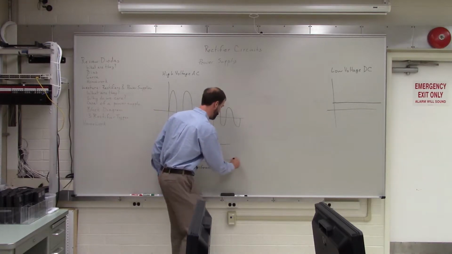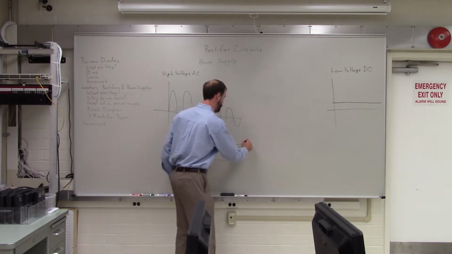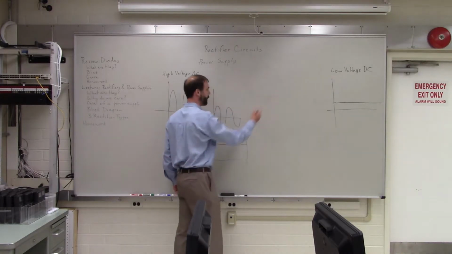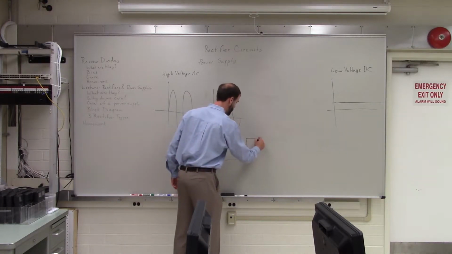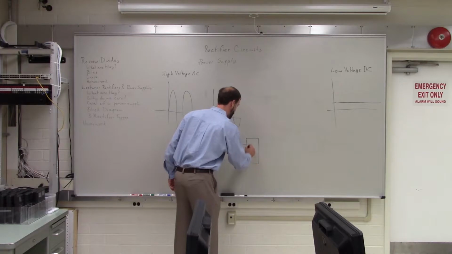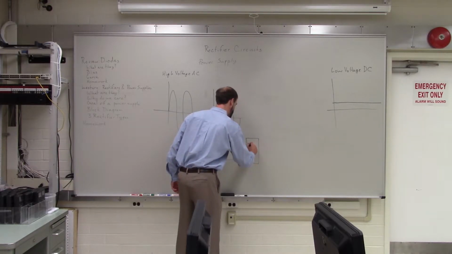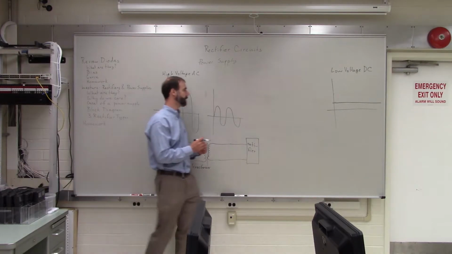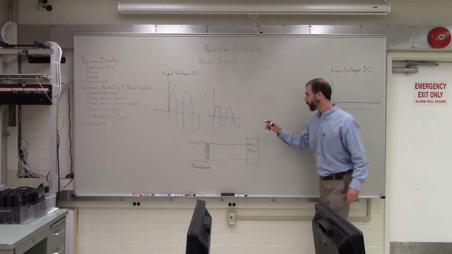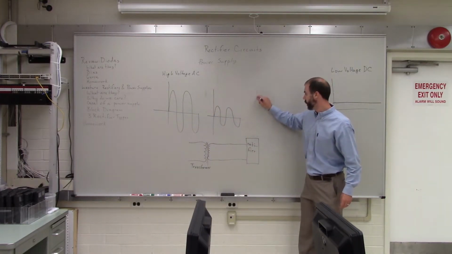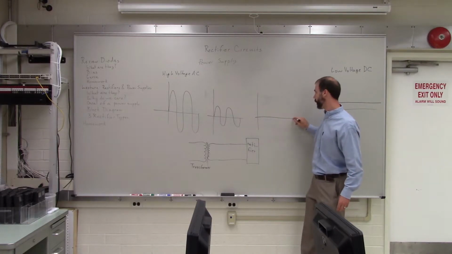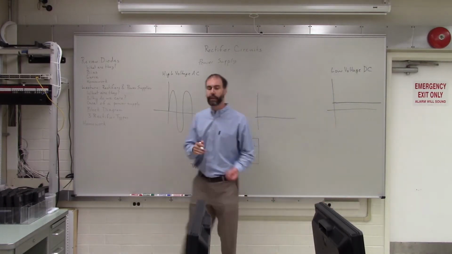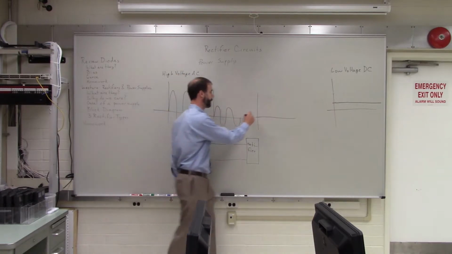So after the transformer, we need to get a little bit closer to the DC that we want. So we have this other device called a rectifier. So the rectifier takes the AC signal and gives you a signal that's only positive.